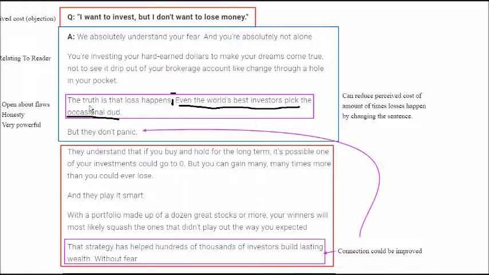But if you just say, the truth is that loss happens, and keep a period there, a period allows them to stop reading. If you put a dash, they keep reading and they understand why, which backs up this statement and then makes them more likely to keep reading here.